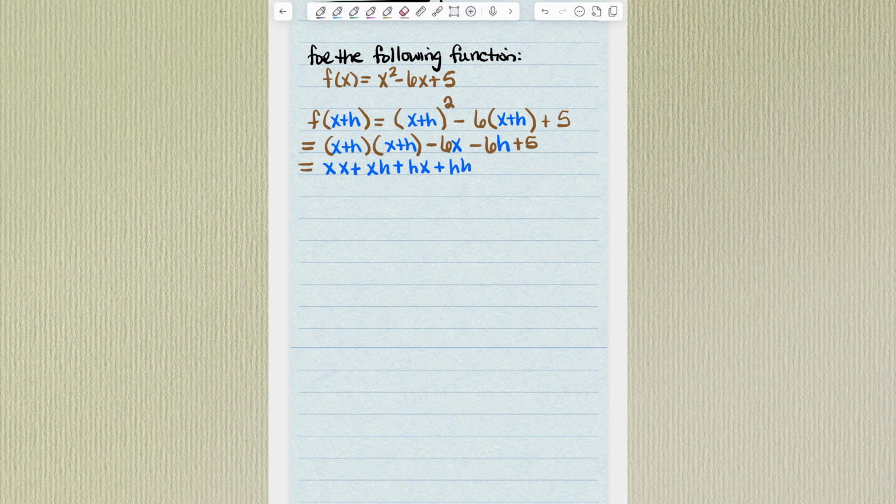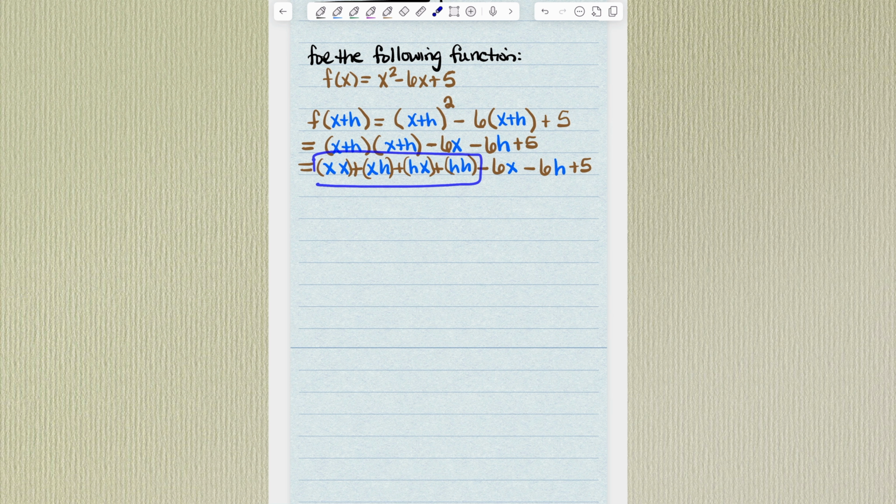And then for the sake of this, let me show you so you can see the colors, because sometimes that helps. And I'm going to write minus 6x, right? And then minus 6h, because I'm keeping everything that we have, plus 5. So I want you to see where it's coming from. So in theory, that's our first, outer, inner, last.